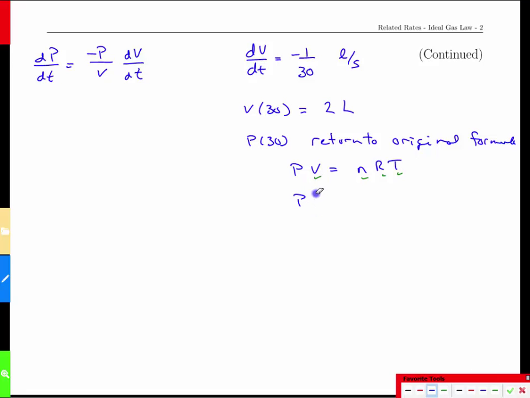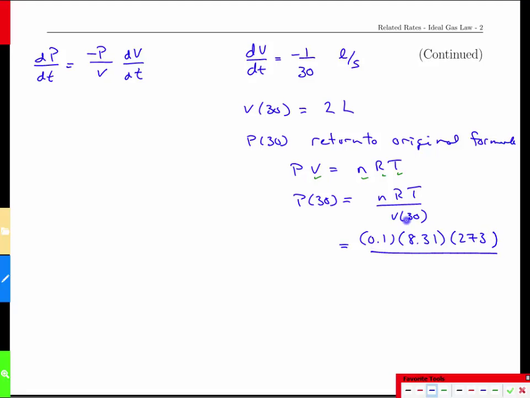The pressure at time 30, T equals 30, is going to be nRT. Those are all constants over the volume at that moment. And we were told the number of moles was 0.1 moles. The constant that goes with the units we're going to be using is 8.31. The temperature is 273 degrees Kelvin. And the volume at time 30 is simply 2 liters.